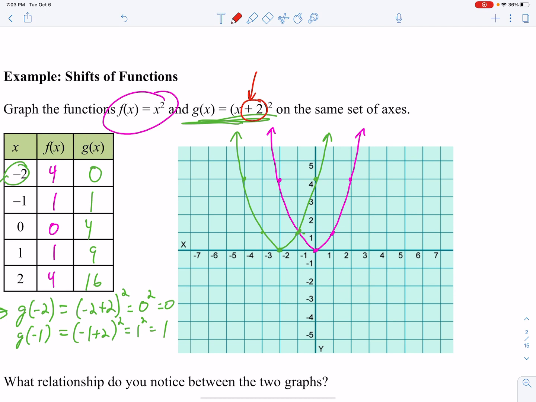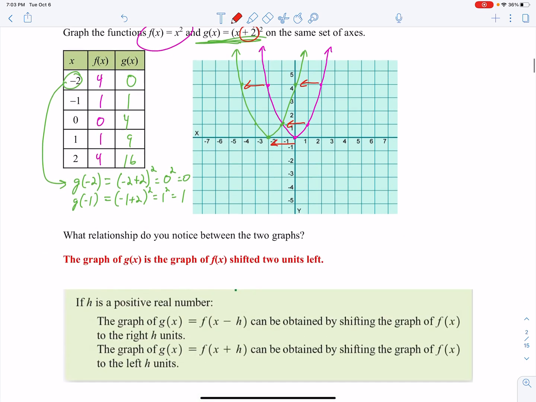In other words, +2 means move 2 units in the left direction. That's very important. When we add to the x, we're moving left. When we subtract from x, we're moving right for our shifting. Okay, and again, just like we did before, we can notice every point has moved to the left by 2 units. Okay? All right, so make sure you understand that.